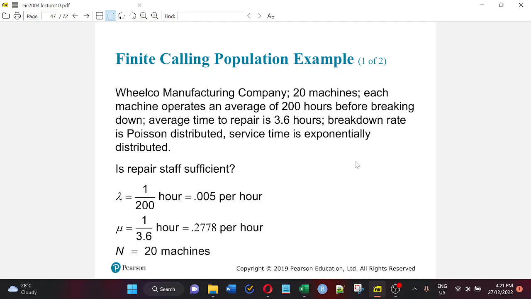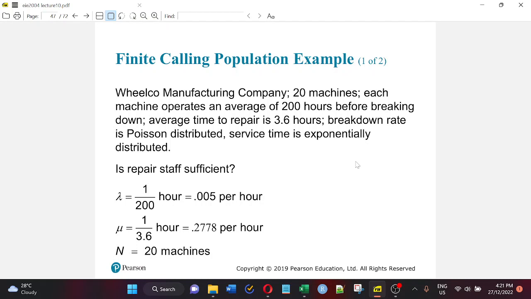So in this case, we are talking about Wilco Manufacturing Company. They have 20 machines, and this is their finite calling population. N, capital N, is equal to 20, and each machine operates on average 200 hours before breaking down, and the average time to repair is 3.6 hours. So the breakdown rate is Poisson distributed, and the service time is exponentially distributed.